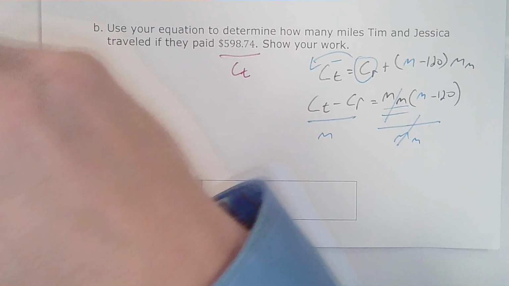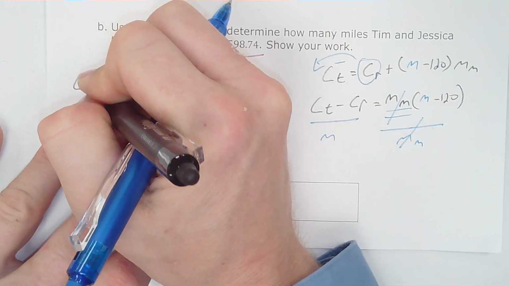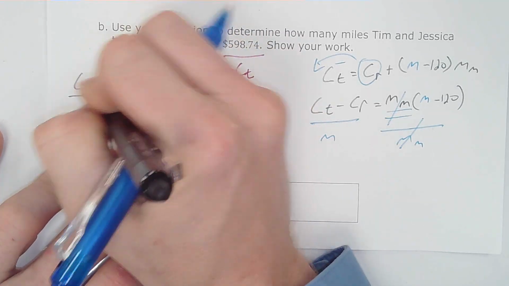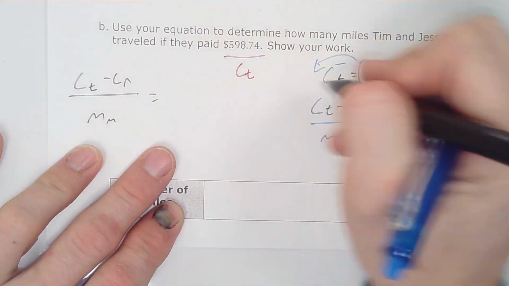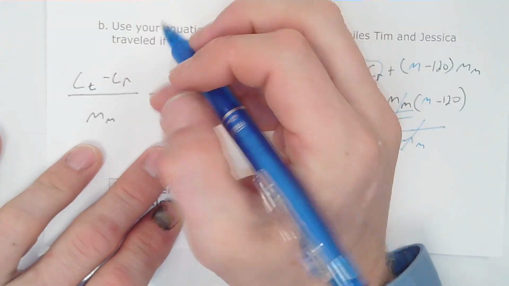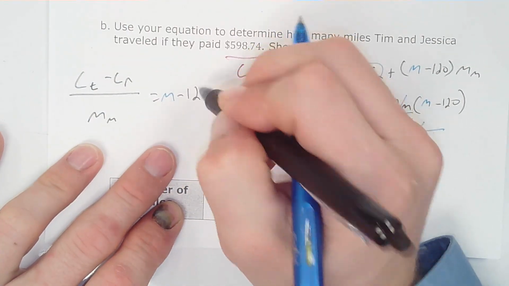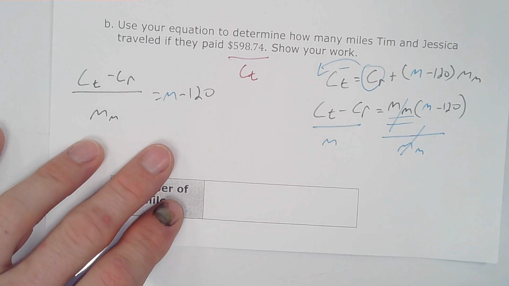Okay? So now I have my total cost minus the cost of the rental divided by the slope of my rental equals, I can clear the parentheses, this minus 120. How do I get the m by itself? Divide.